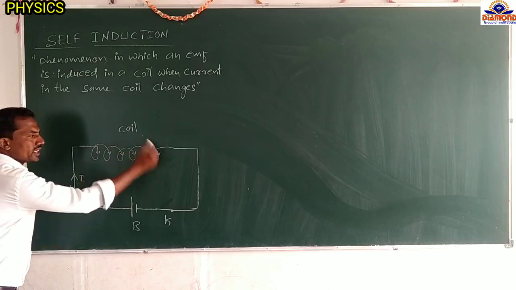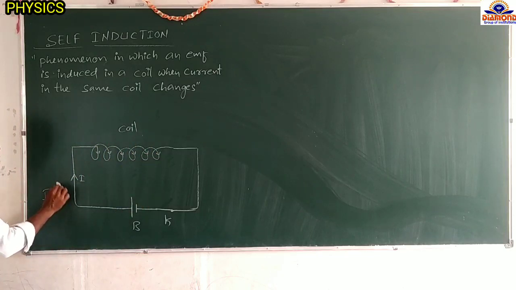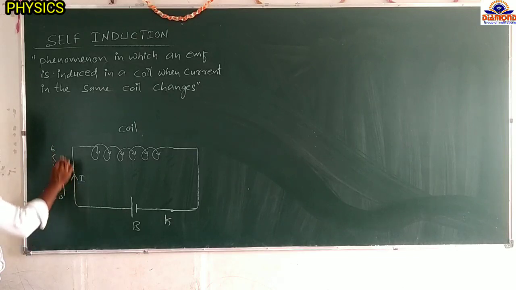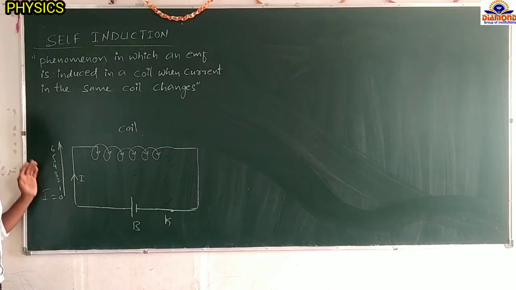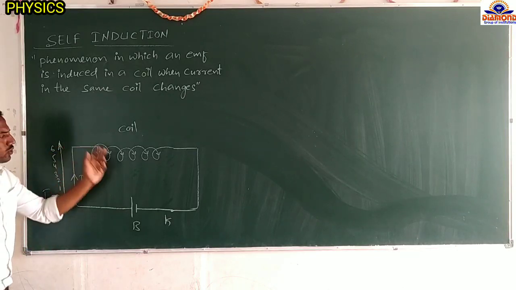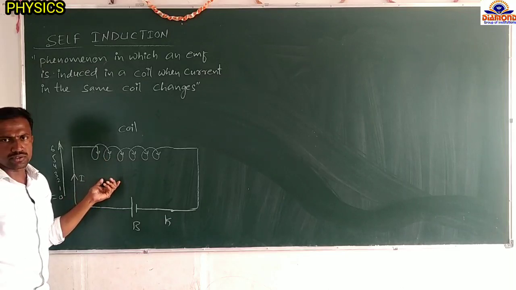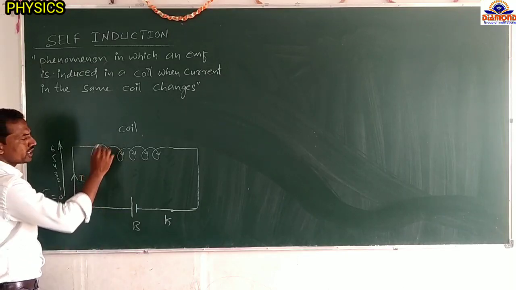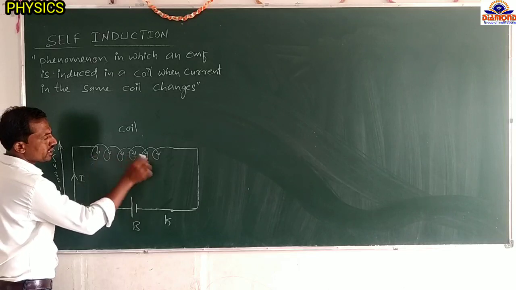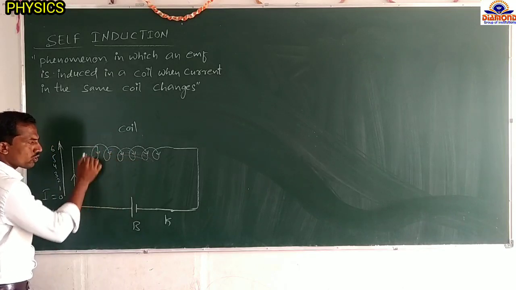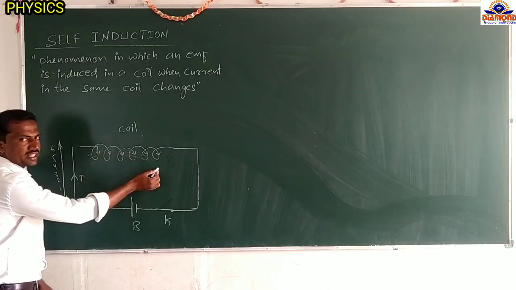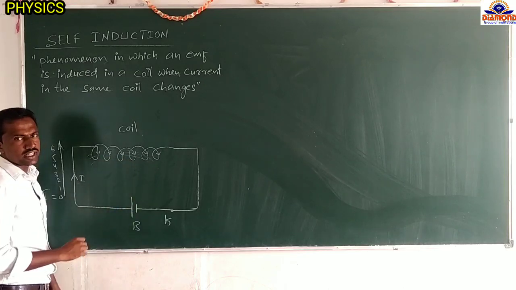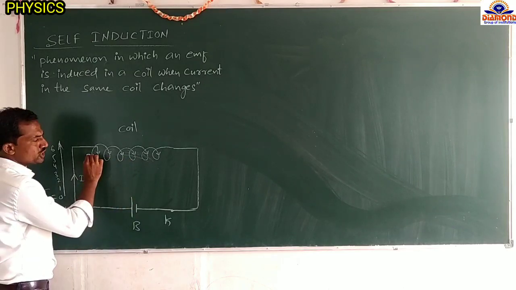When current is flowing in the circuit in increasing order, the current values are changing. When current is flowing, a magnetic field is produced in the surrounding space. For a round coil, the magnetic field lines are closed continuous loops.